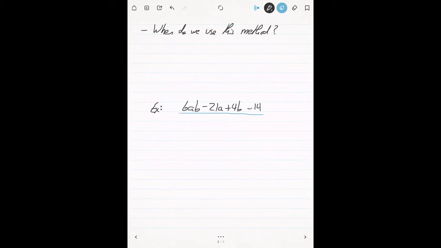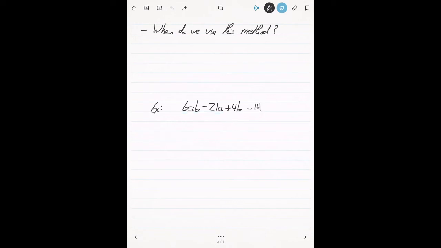That old method that we had before, let's see if it could work. Is there a GCF? Well, we have a 6 and a negative 21. The only thing in common with that is the number 3. But then we have a 4, and 21 and 4 don't have anything in common. Well, 21 and 14 have 7 in common. But yeah, there's no GCF in common with all of the numbers.